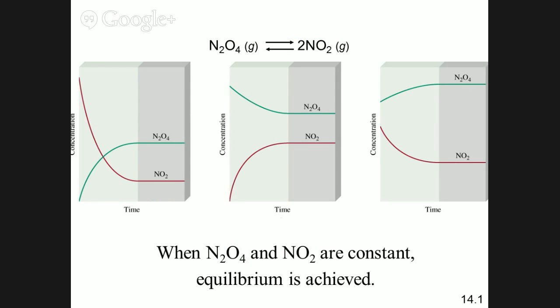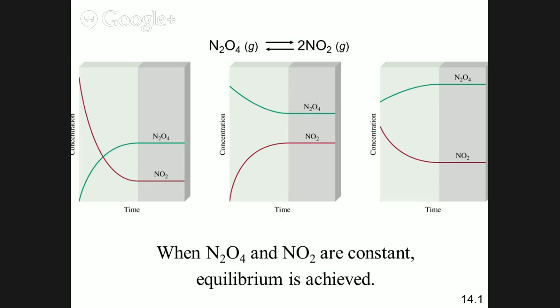So we're going to look at a couple of examples of our starting positions so that you can see what we're talking about when we say that we're at equilibrium. In the first case on the left, basically we have a lot of NO2, and we don't have any N2O4. That's why it's down. And then what happens is the NO2 starts making N2O4. It comes down because we're getting rid of the reactant. We're making product.